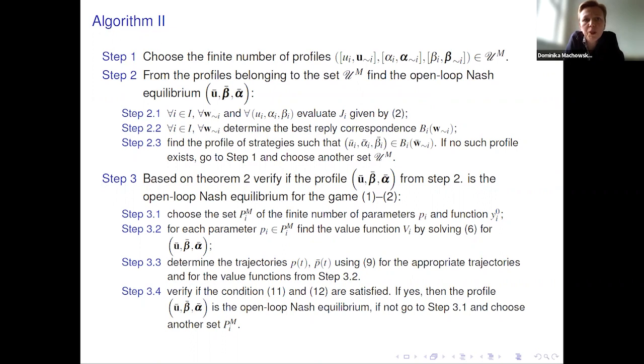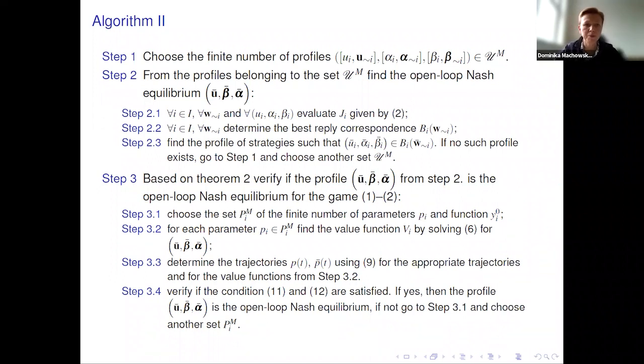First of all, we choose a finite number of profiles. So we have a small set of strategies, and for these strategies, we are looking for the OpenLoop Nash Equilibrium in the small set, using the following steps.